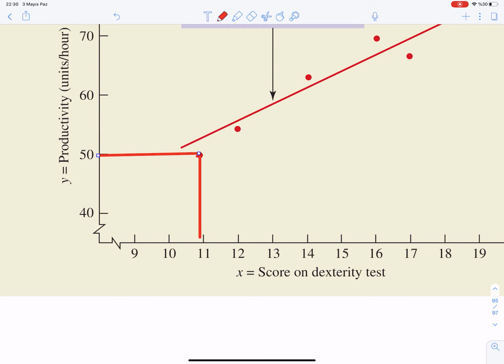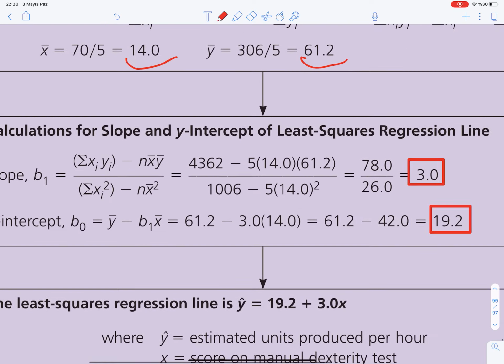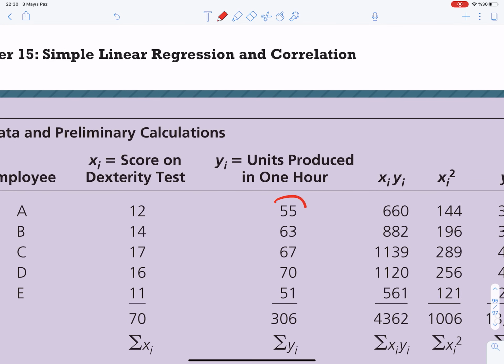Consider this as 51, and this one is for 12, where we have 55.